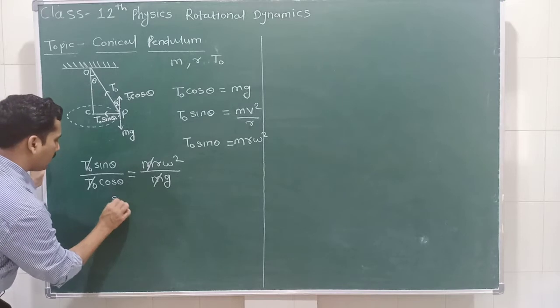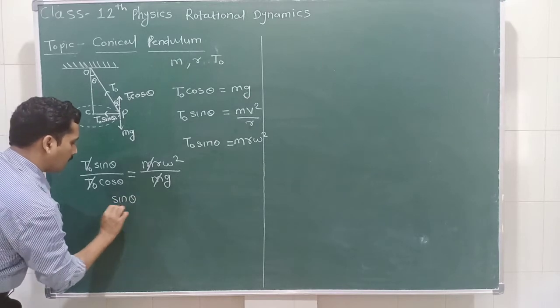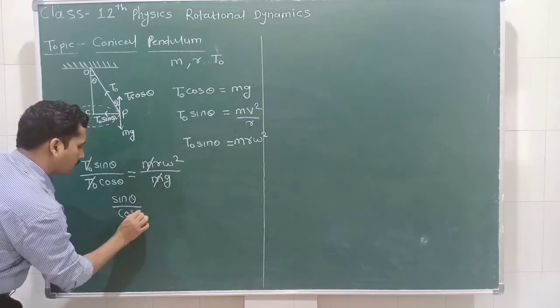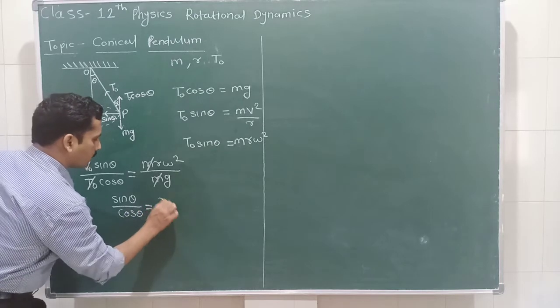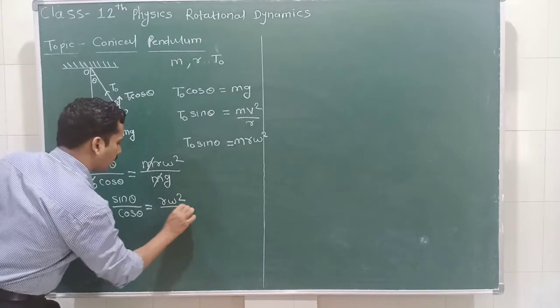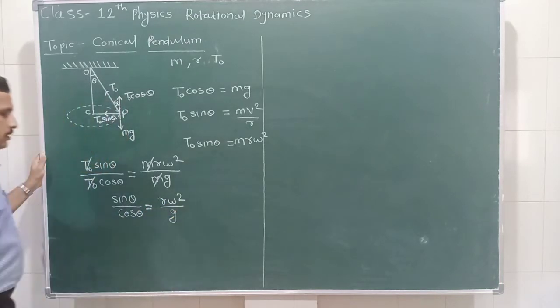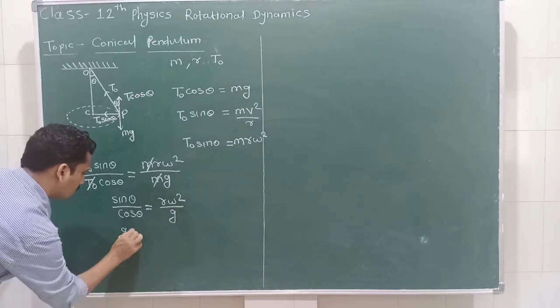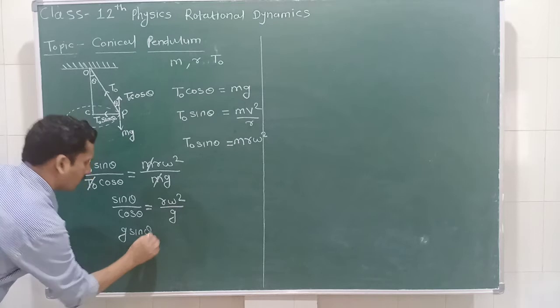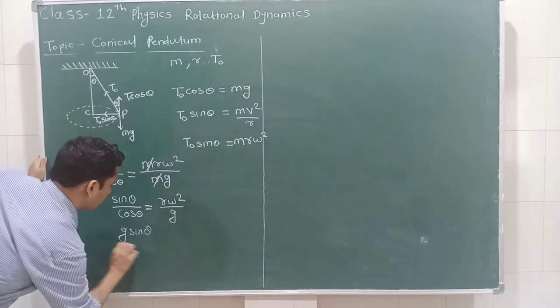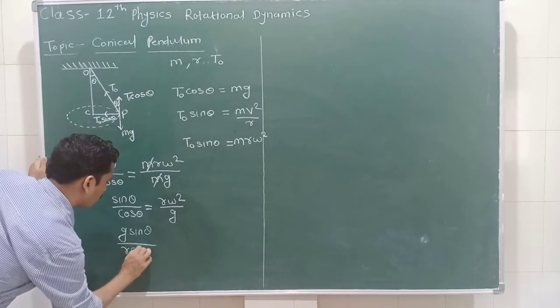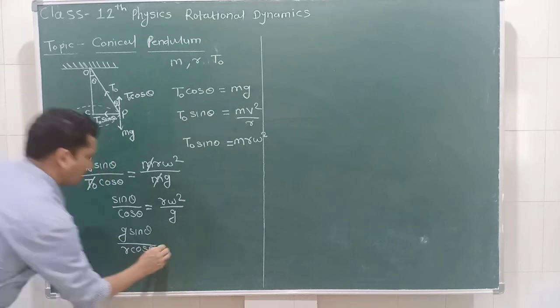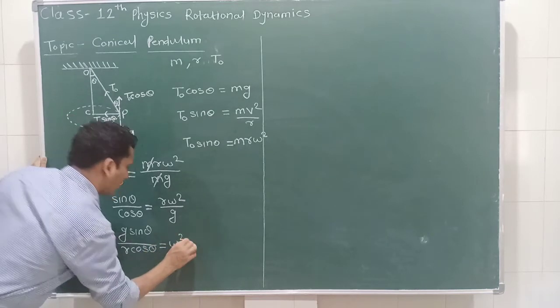Therefore, sin theta divided by cos theta is equal to r omega square divided by g. We cross multiply this equation, therefore we get g sin theta divided by r cos theta, which is equal to omega square.